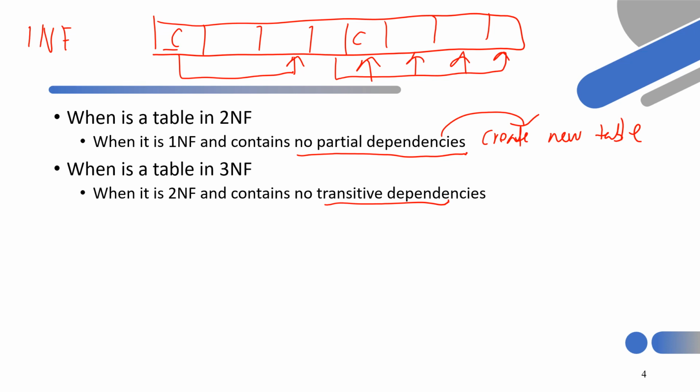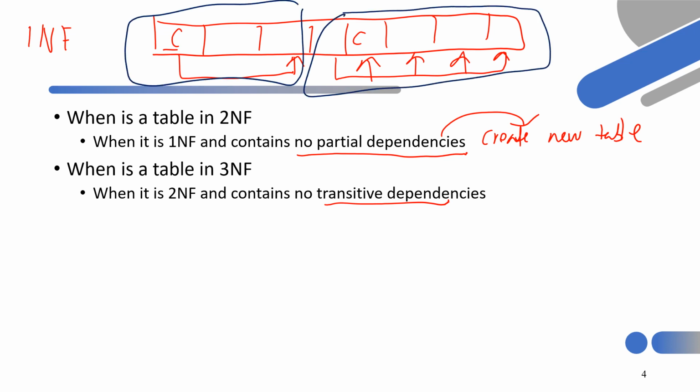Creating a new table means that you are splitting the table, splitting the first normal form table or second normal form table. For example, create a new table.